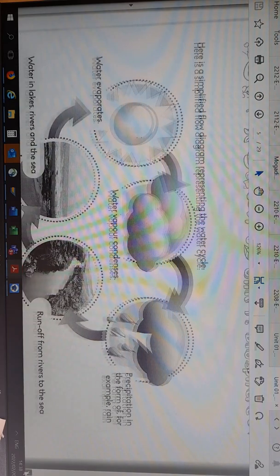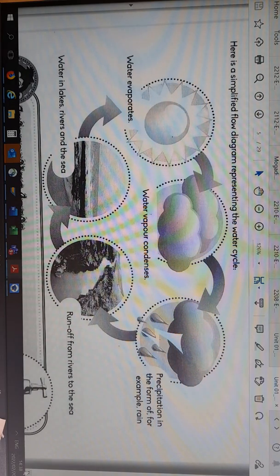This is the water cycle that I want you to draw in your notes. They say here it is a simplified flow diagram representing the water cycle. Let's start at the beginning. We start with water in the lakes, rivers, and the sea.